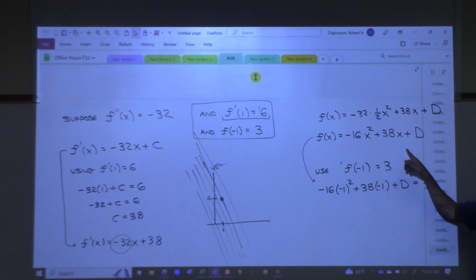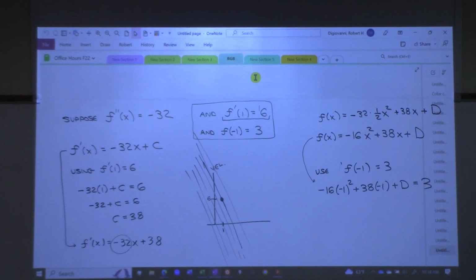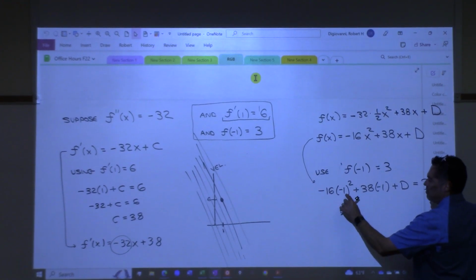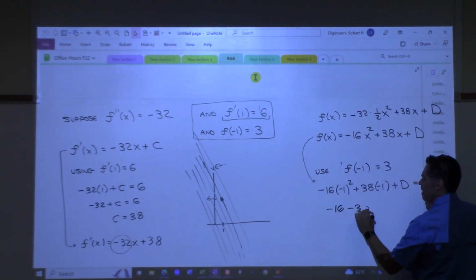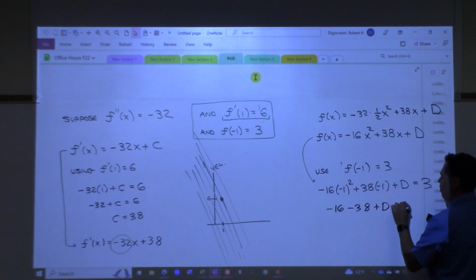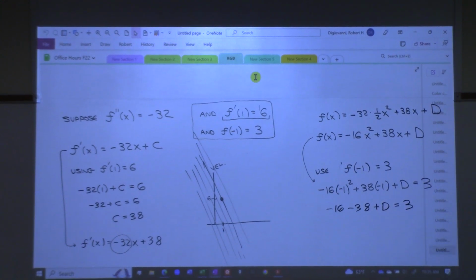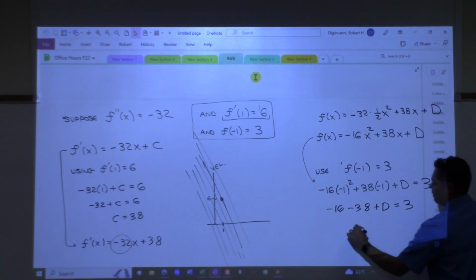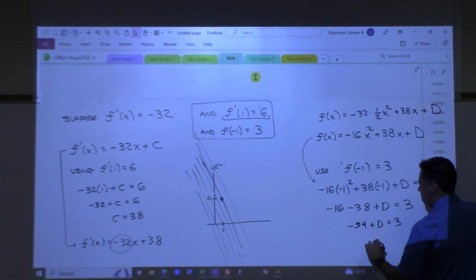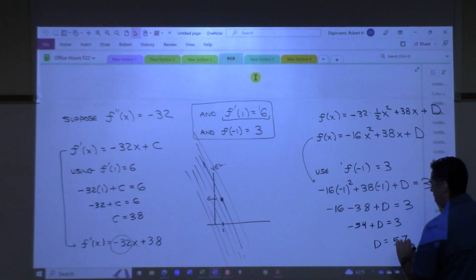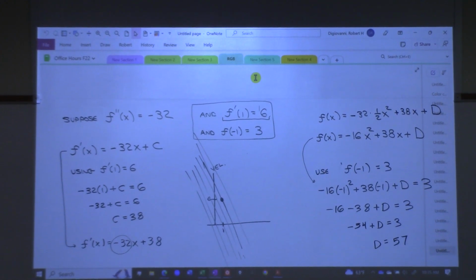So replacing all your x's here with negative 1's. Square the negative 1, it becomes positive 1, so that stays negative 16. This becomes minus 38 plus d must equal 3. That's negative 54. Plus d must equal 3, so d must equal 57. Add 54 to both sides.